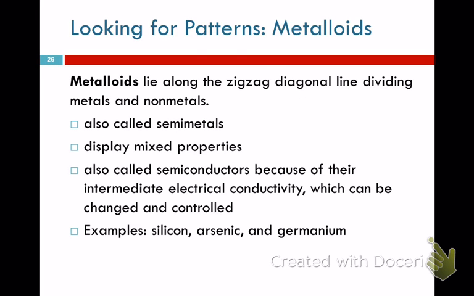The metalloids, that's that zigzag, sometimes called the semimetals. It's a mixture of properties. We call them the semiconductors because they have that intermediate electrical conductivity that can be turned on and off, can be changed and controlled. Means you can turn the conductivity on or off or change it so it's somewhere in between.